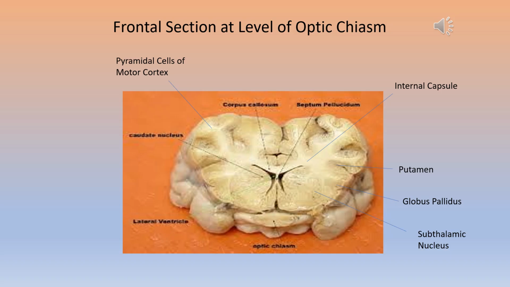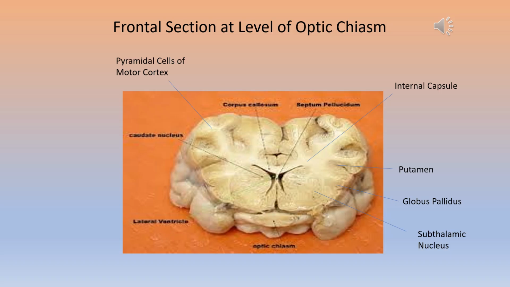They're located in the brain. So these 4 masses of gray matter, the caudate nucleus, the putamen, the globus pallidus, and the subthalamic nucleus, are areas where the notion to make a motion is coordinated.